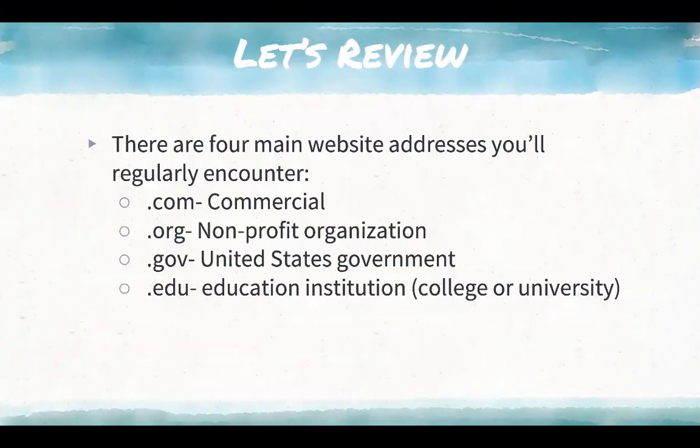Let's review. There are 4 main website addresses you regularly encounter: .com for commercial, .org for nonprofit organizations, .gov for United States government websites, and .edu for education institutions, mostly colleges or universities.